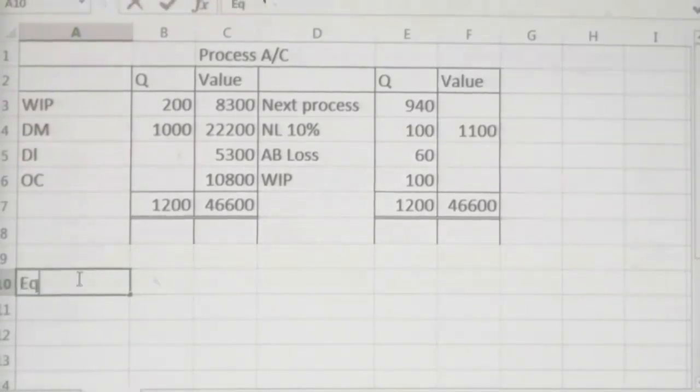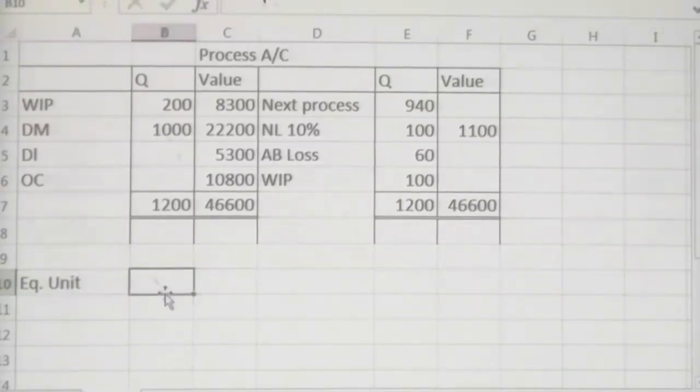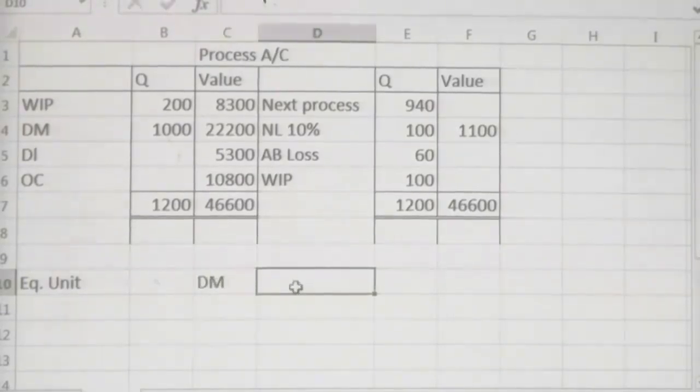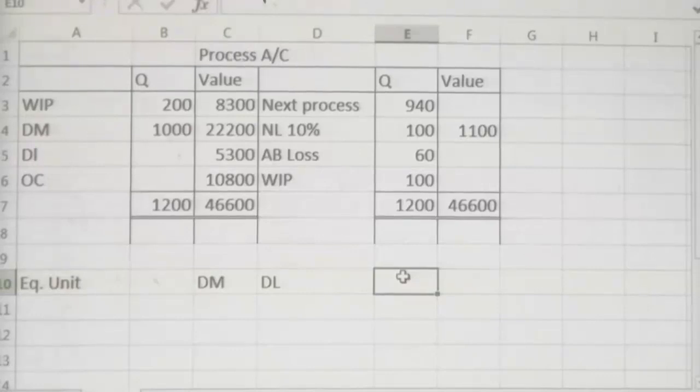Let's calculate the equivalent unit statement first. Under the equivalent unit statement, we need to take how much you incurred for direct material, how much for direct labor and how much for other cost.